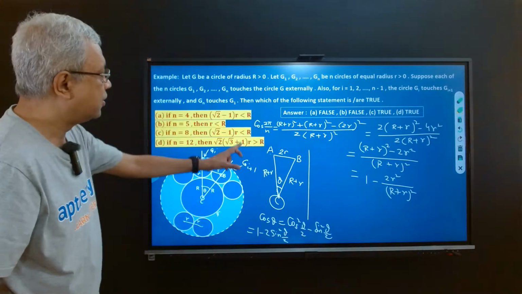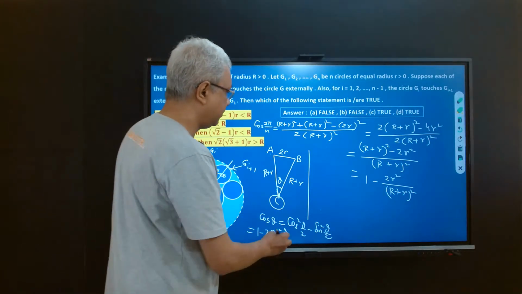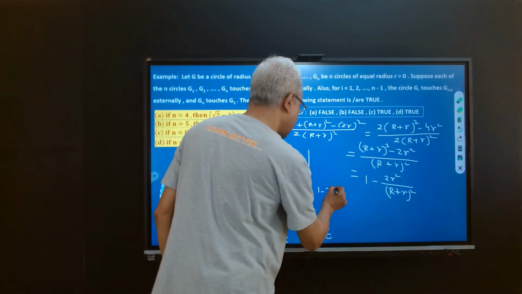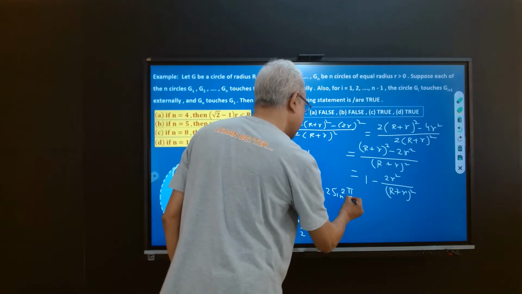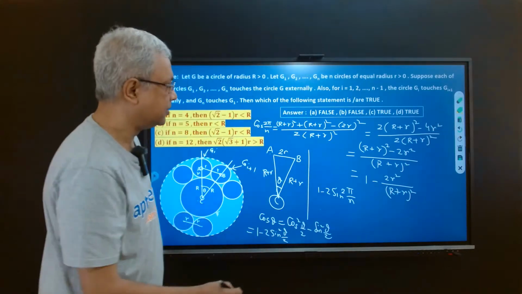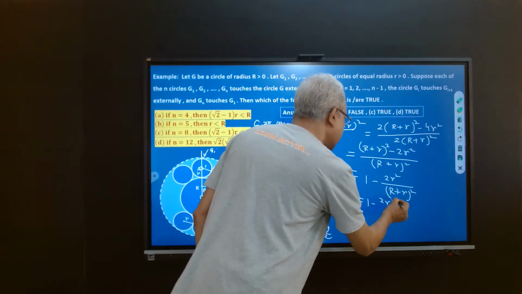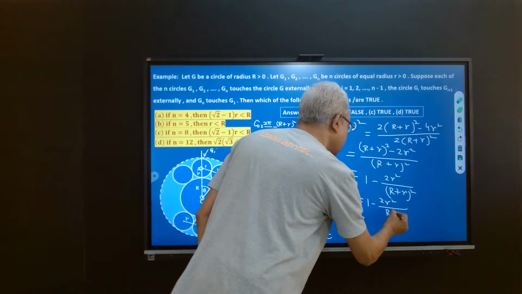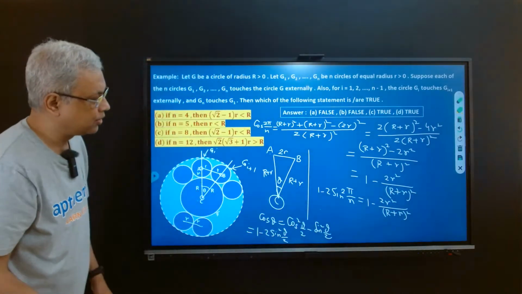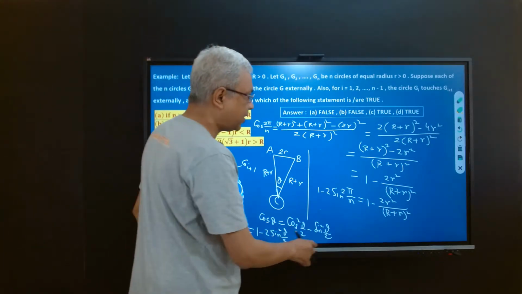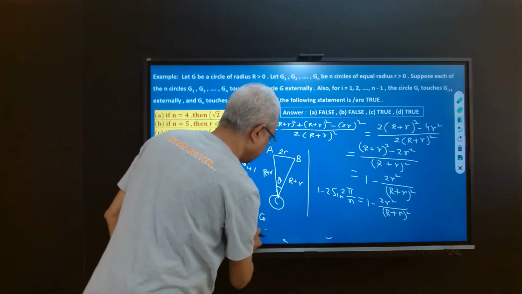So from this, cos 2 pi by n is very simple: 1 minus 2 sin square pi by n, and this equals 1 minus 2 r square by R plus r whole square. Up to this, no doubt. So what can I write from this?